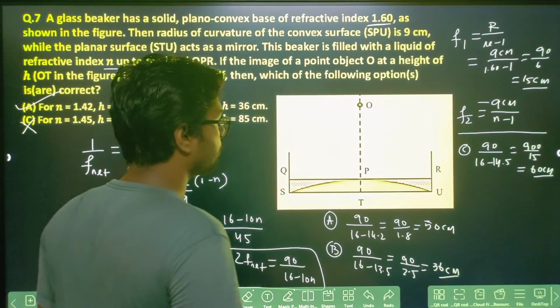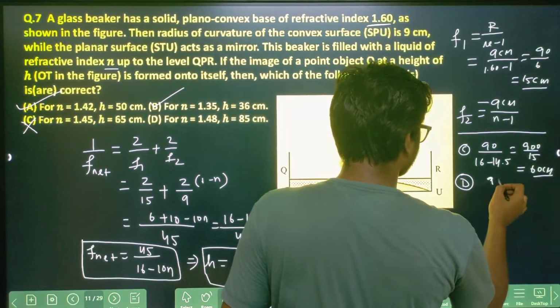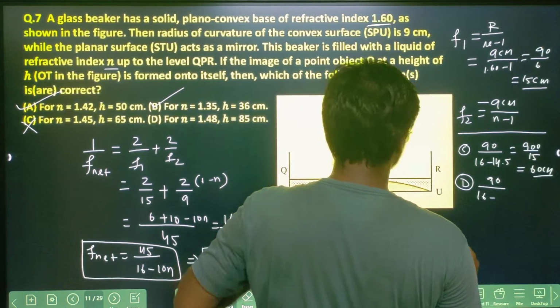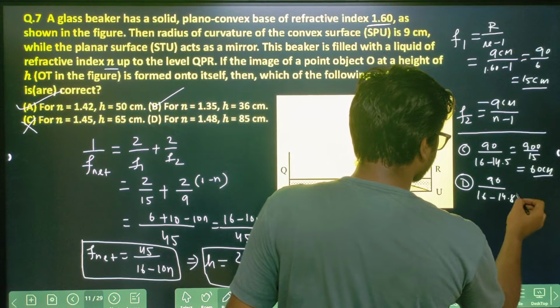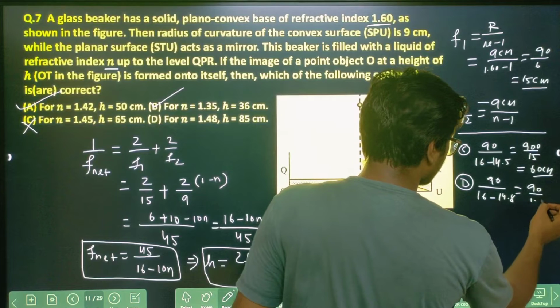Now D. For D, if you calculate, this will be 90 divided by 16 minus 1.48, that is 14.8. So 90 divided by, this will be your 1.2.